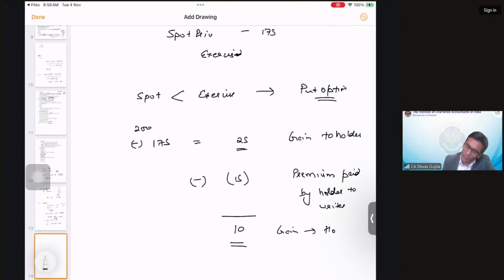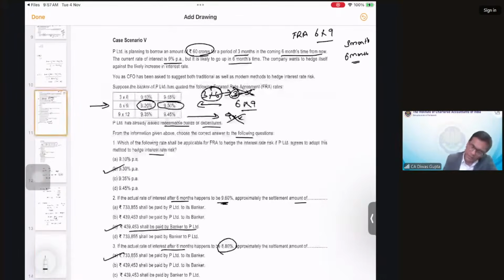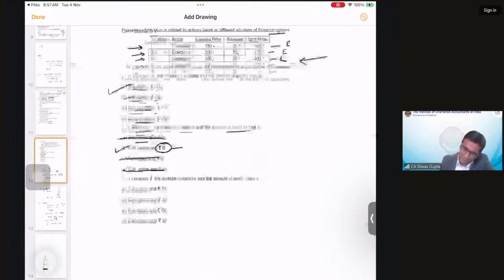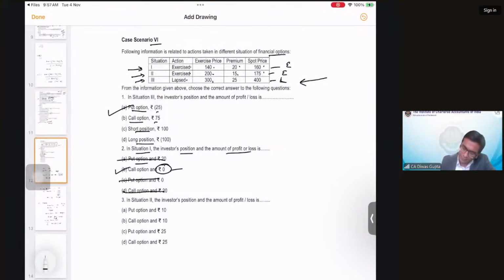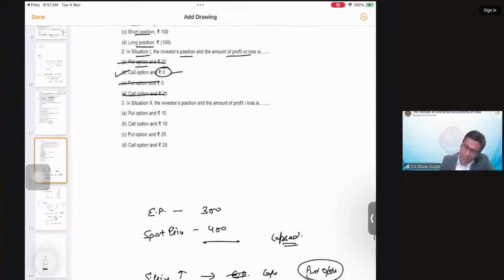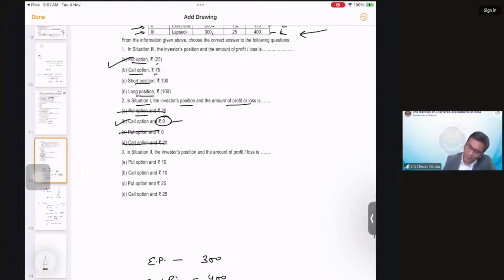If we talk about it from the holder perspective, let me just quickly see case scenario 6. Okay. Now, first of all, it's not a call option. So I'm eliminating these two, right? It's a put option, but we have to calculate again the overall amount of profit or loss.